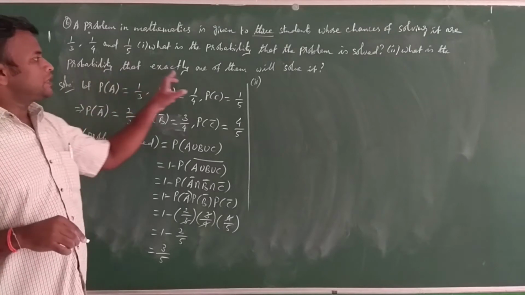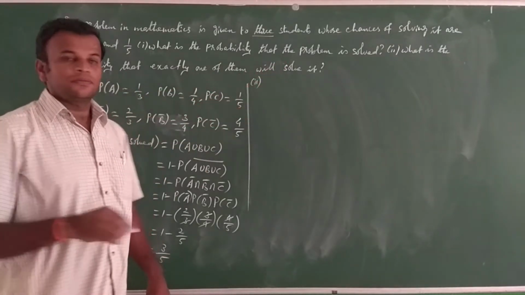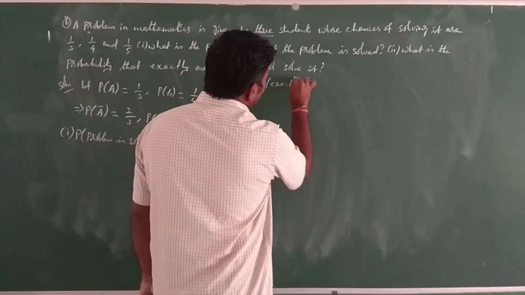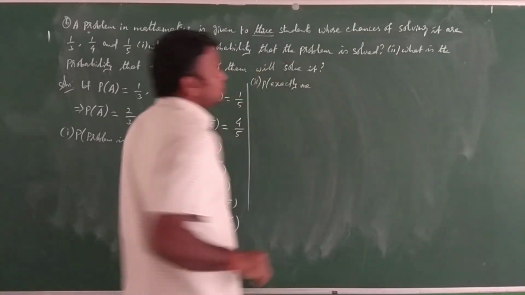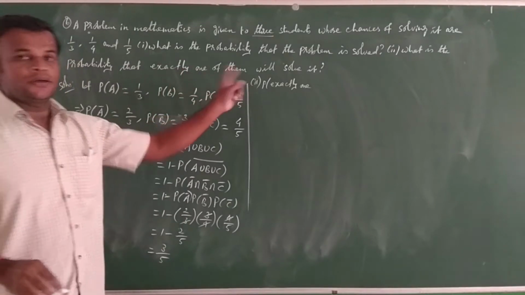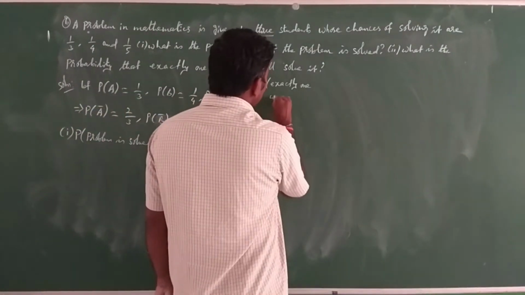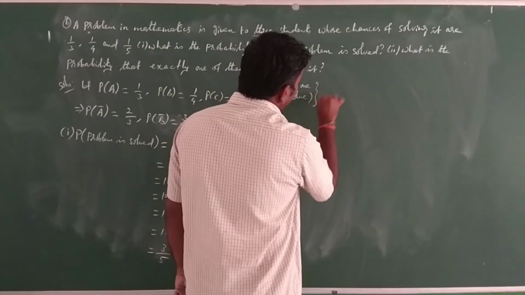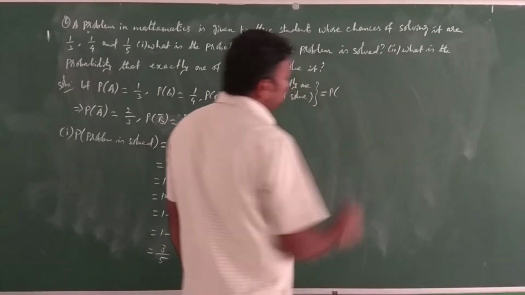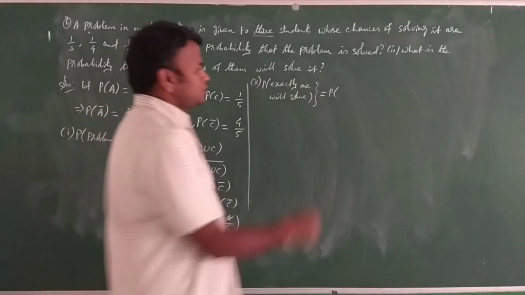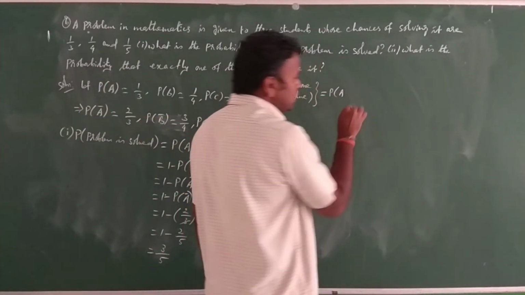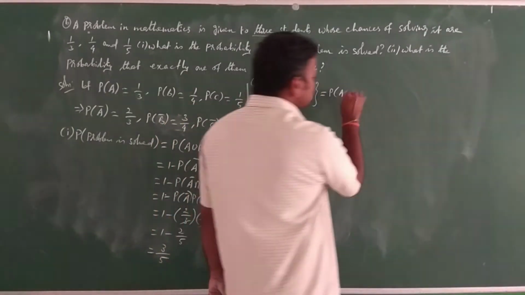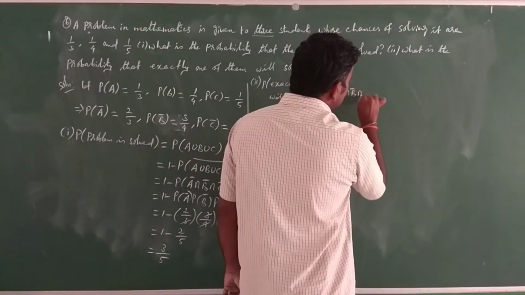What is the probability that exactly one of them solves the problem? P of exactly 1 will solve. Suppose A solved the problem, the remaining 2 did not solve the problem: A intersection B bar intersection C bar.